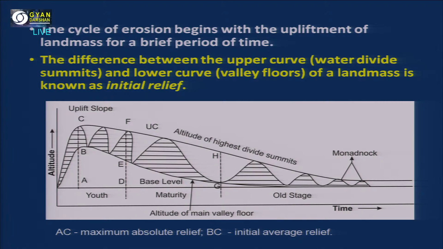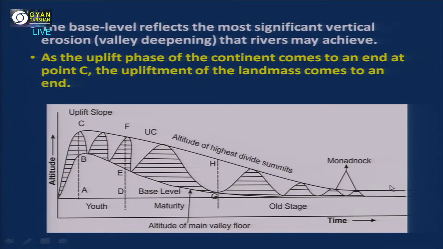So as you see, as time goes, there is a change in the elevation of the profile of the river. In the initial and the youth stage, there is a high elevation, and as it passes through different stages and reaches the old stage, the elevation is reduced. Here in this figure, it again shows the same thing, and here you see the base level. This is the base level, the lower line.